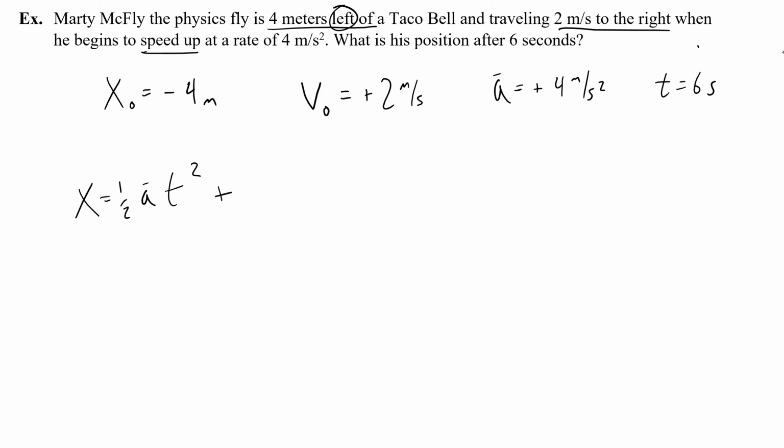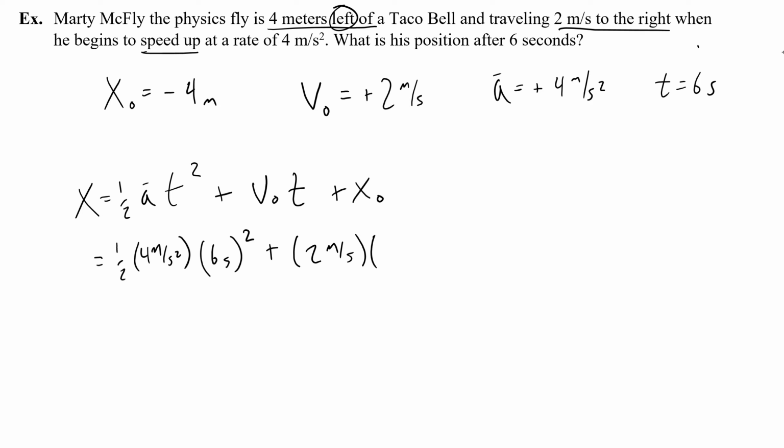Sometimes I just get lazy and forget the bar. Okay. So now I would do half of 4 meters a second squared times 6 seconds, the whole thing squared, plus 2 meters a second times that 6 seconds, plus negative 4.